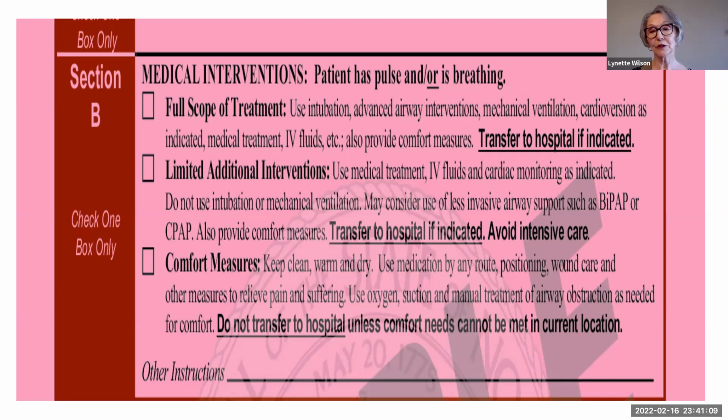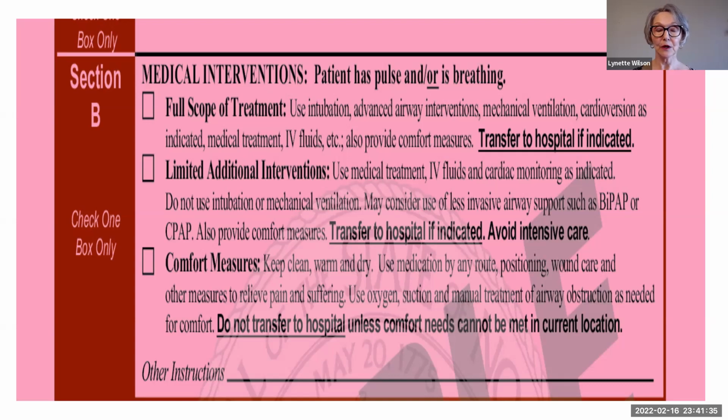The other situation in which we used this form was when he had a massive heart attack, which is what he ultimately died from. The difference in that is that because he was having so much pain, we could not keep him comfortable in the facility.